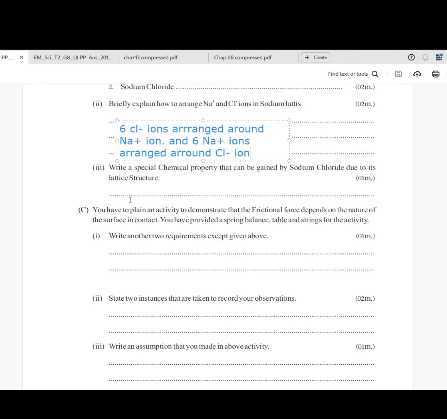Write a special chemical property that can be gained by sodium chloride due to its lattice structure. Having a high boiling point. High boiling point, and also you can write having a high melting point.